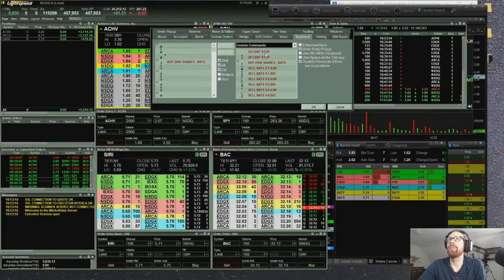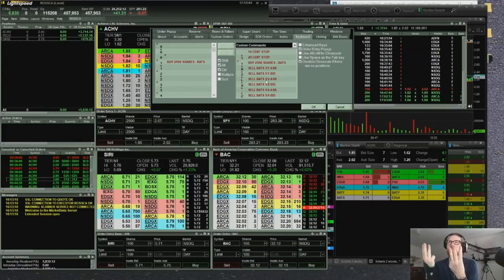All right, so these are all my custom commands. You can create custom commands for a 10-cent stop, a 20-cent stop, selling on the ask, selling on the bid. Lots of custom commands. These are the ones that I have. I have 3 for selling on the bid, to sell full, half, and quarter position. And I have 3 for selling on the ask, full, half, and quarter position.